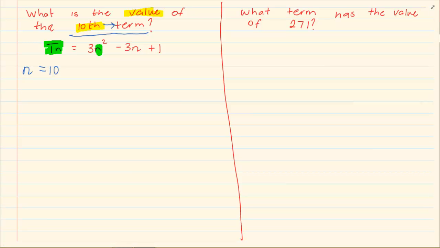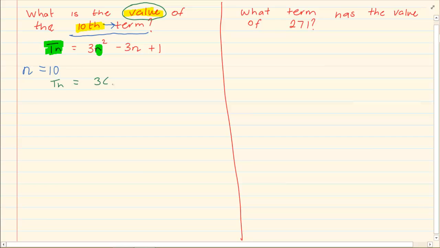What they are asking you is how much is the 10th term equal to? So we're going to substitute n equal to 10. And our final answer is 271. So the value of the 10th term is 271.